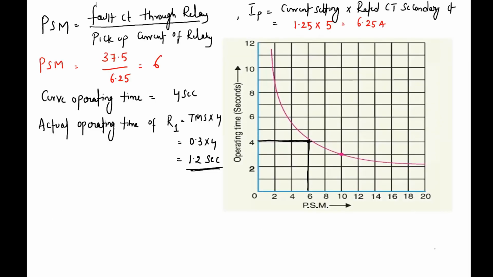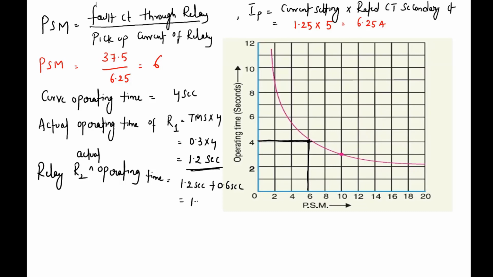1.8. So relay R2 actual operating time is how much? Actual operating time is 1.2 seconds plus 0.6 seconds.